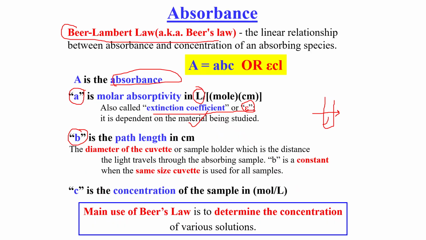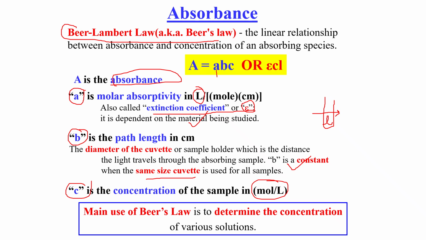This path length is represented by the letter l, and in this equation it is b. With different cuvettes it will be different. c is the concentration of the sample, that is, mole per liter. So this is how the equation can be represented: absorbance depends on three factors.